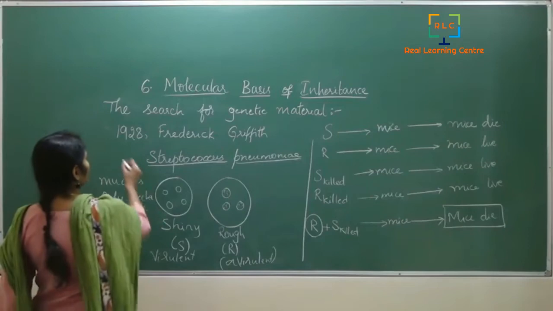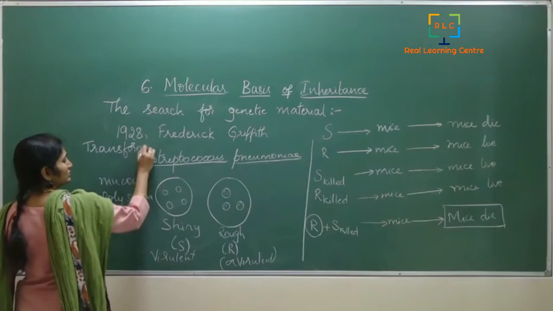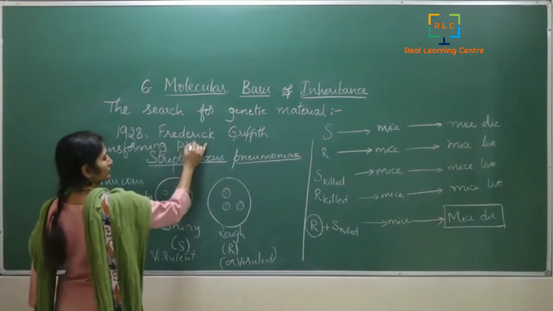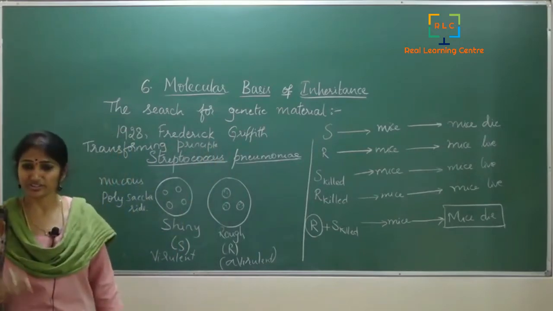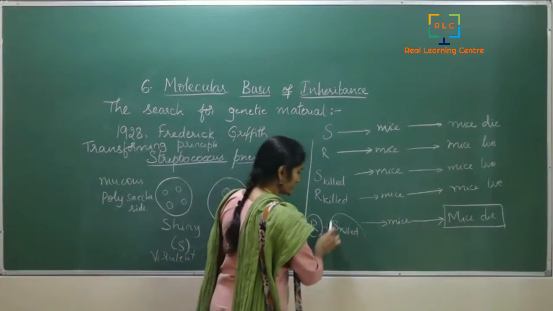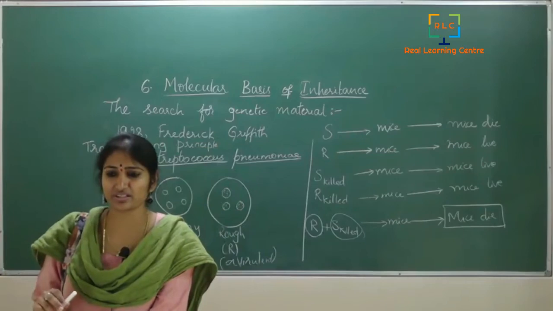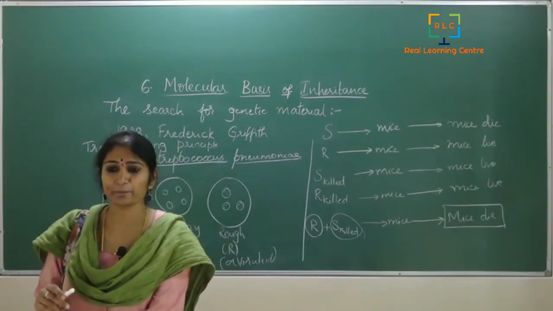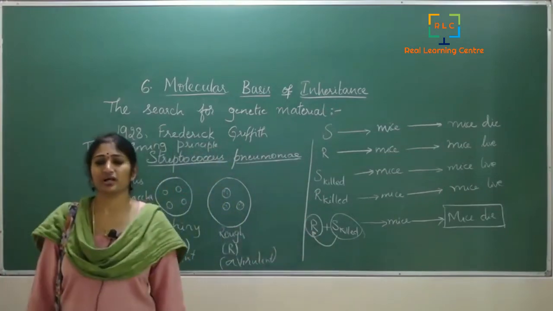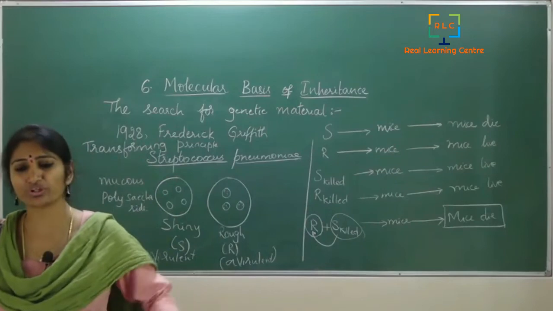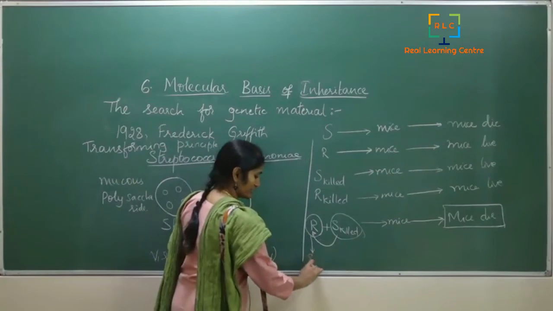What did he call it? He called it the transforming principle. According to this, he said that something in the S-killed bacteria moved into the R bacteria, and once it moved into the R bacteria, it changed the R bacteria into S bacteria.